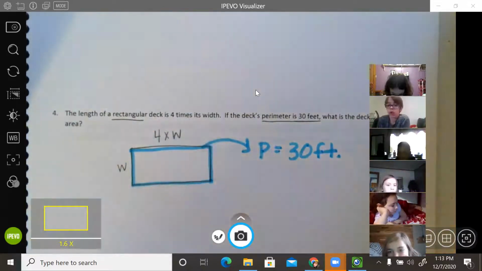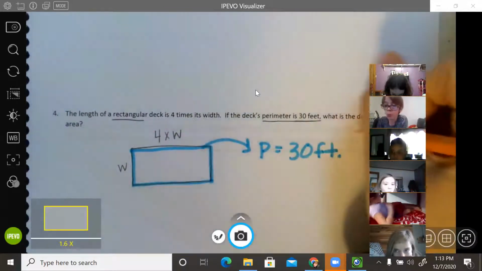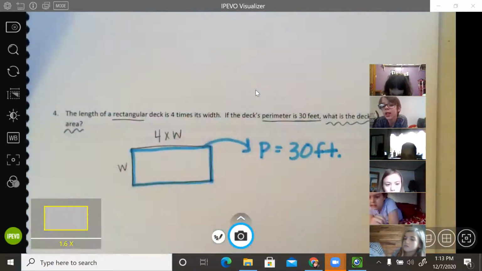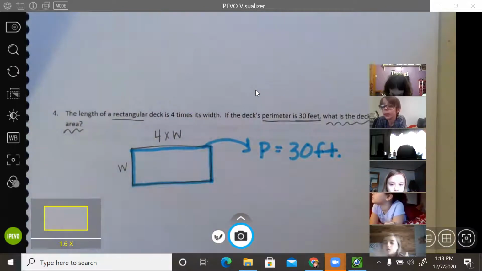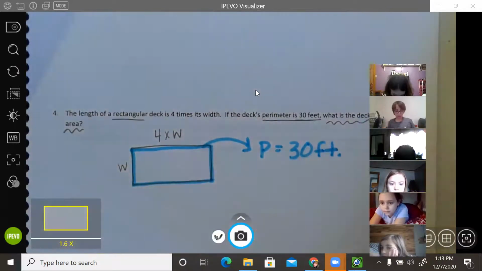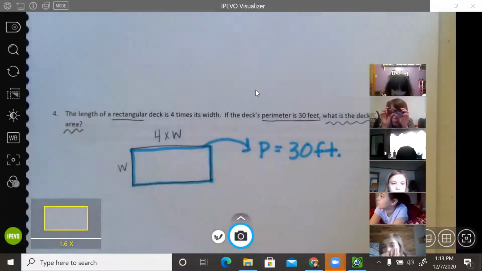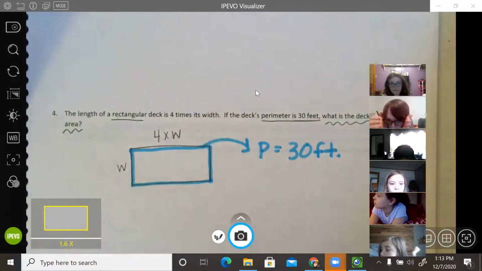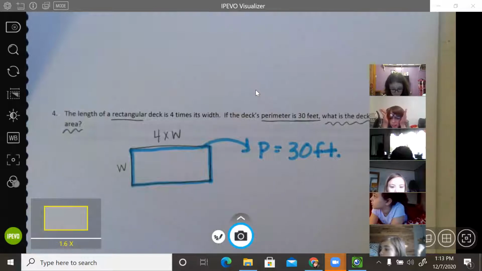What's our job, Nina? What are we trying to figure out? What the width and length is and the area. Okay, so we ultimately need to tell the deck's area. But you're right, we need to know the length and the width before you can figure that out.